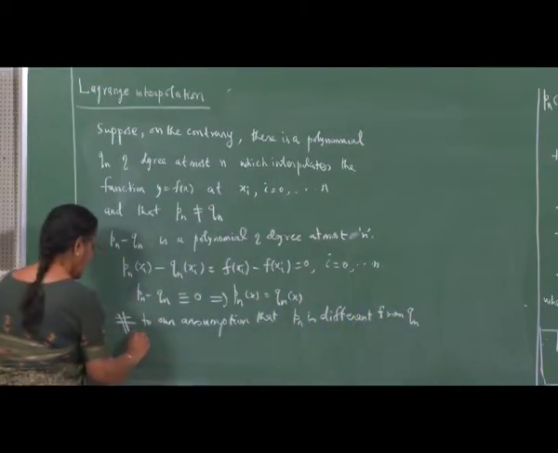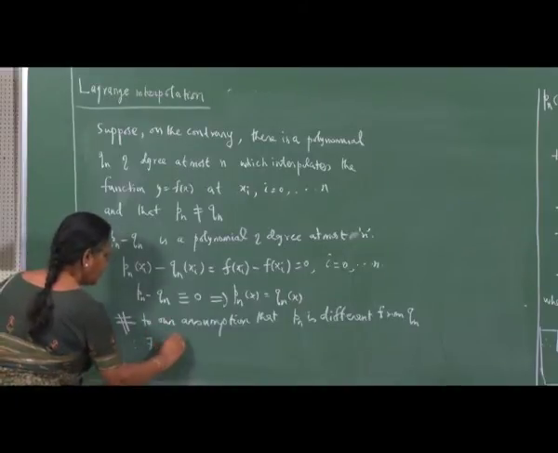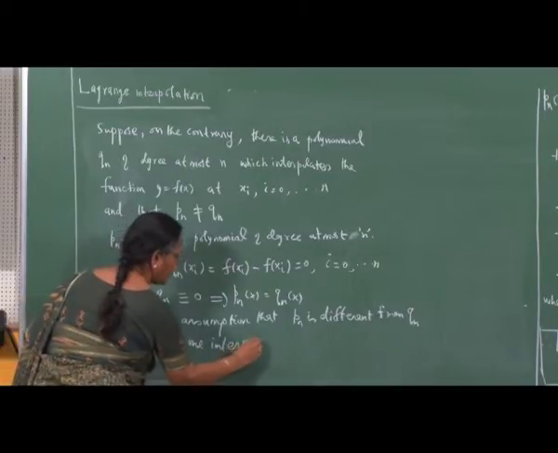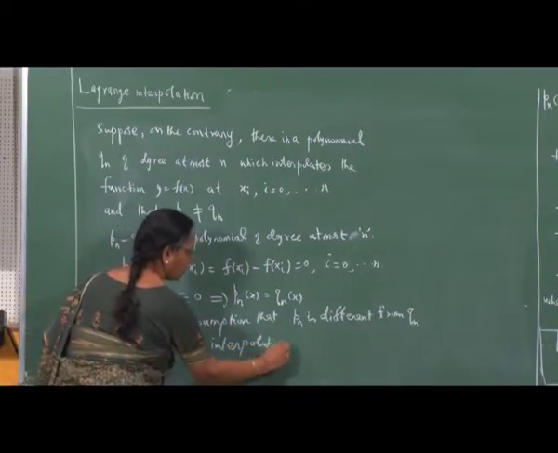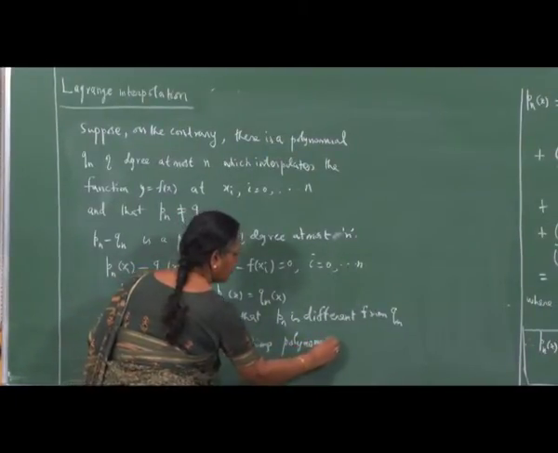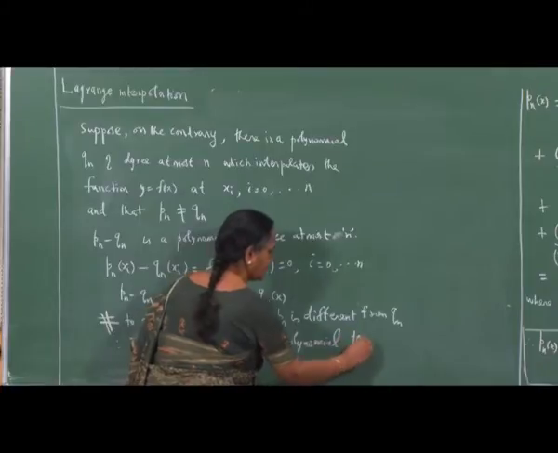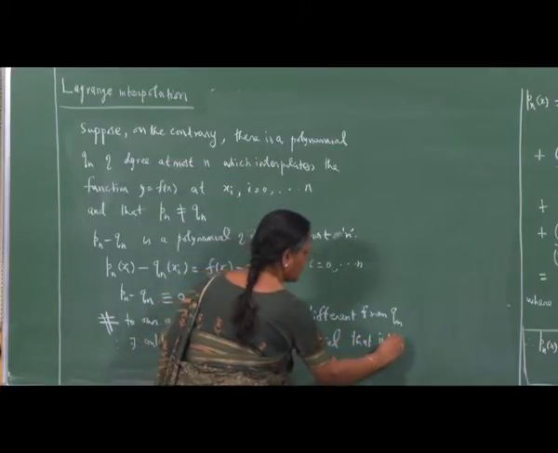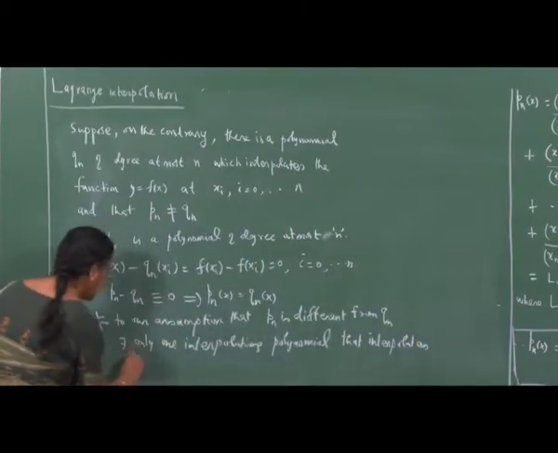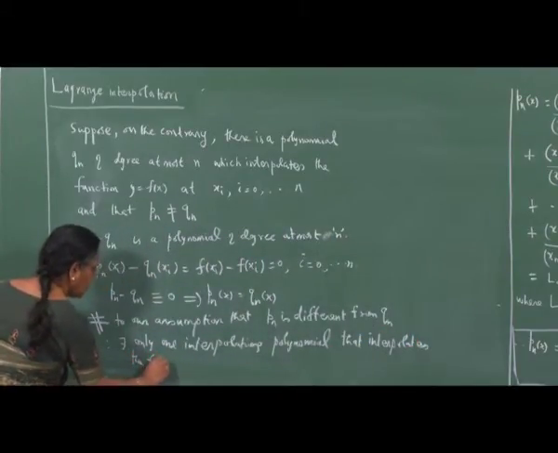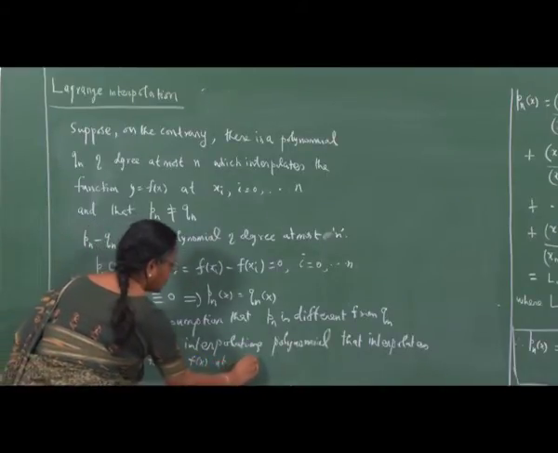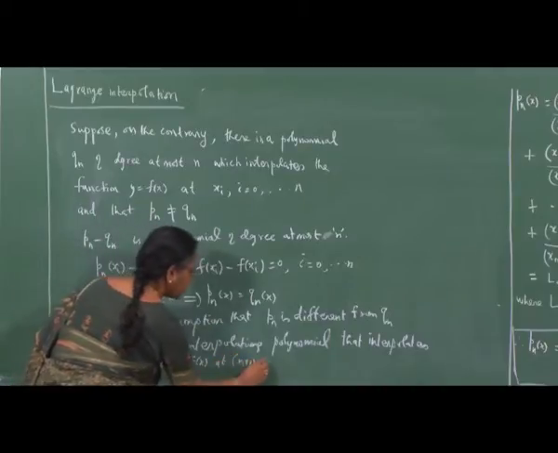Therefore, there exists only one interpolating polynomial that interpolates the function f of x at n plus 1 distinct points.